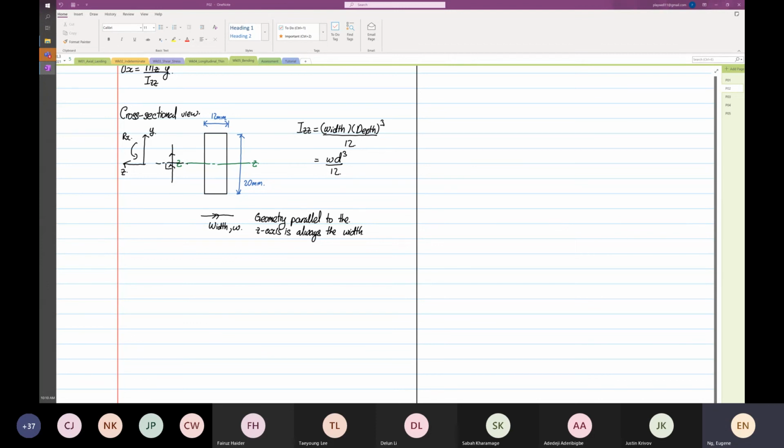Okay, so the geometry perpendicular to the Z axis is always the depth, right? So for this case, we can calculate IZZ.